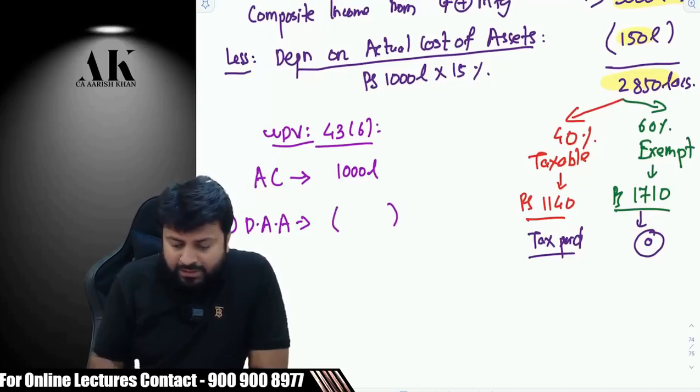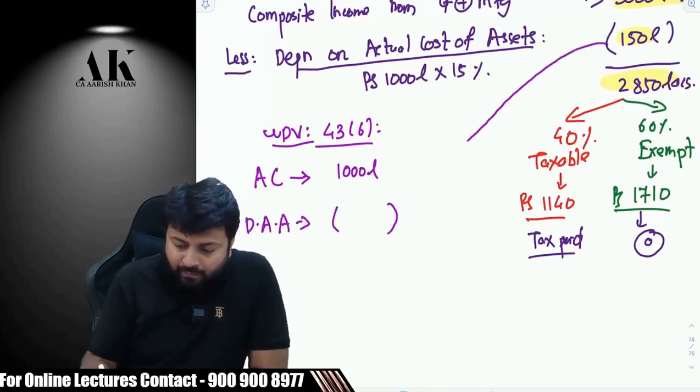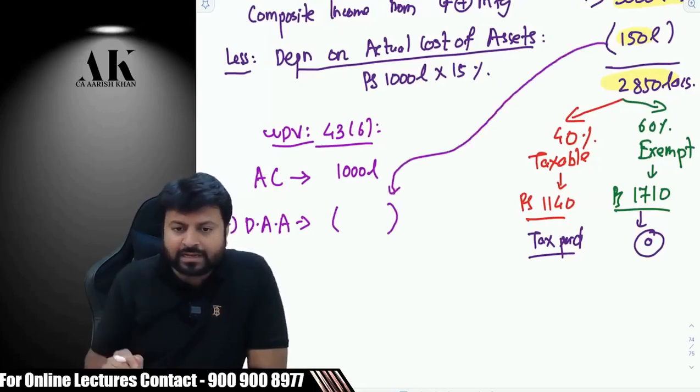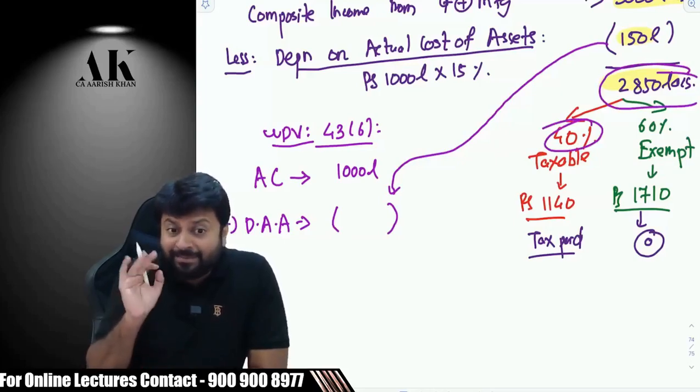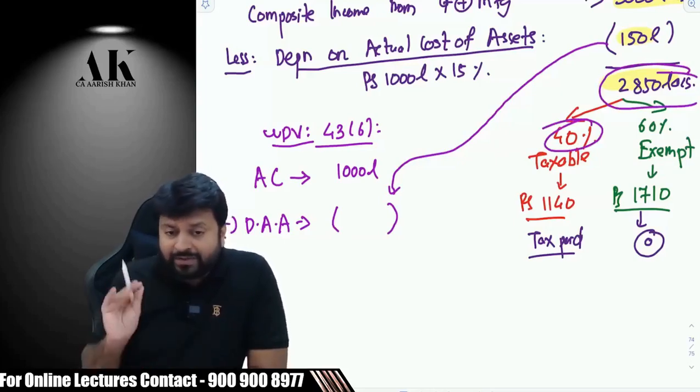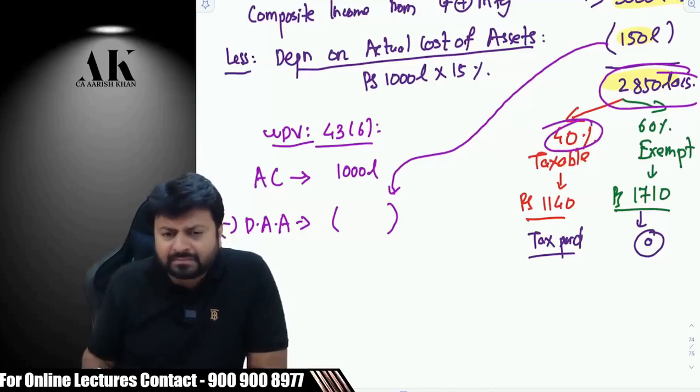So on that logic, what did the assessee say, you know? The assessee said that 150 lakhs has not helped me to save tax, because out of my total income, only 40% is taxable. Therefore, listen carefully, it's a mathematical game. Out of 2850, only 40% is taxable income.